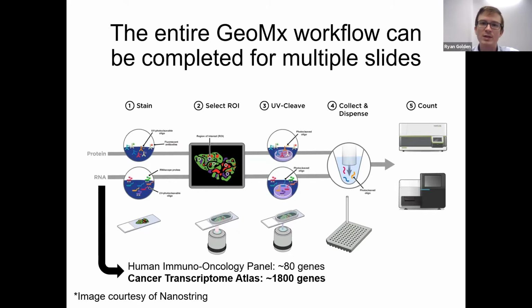After you've selected these regions, the instrument progresses to illuminate using small micromirrors, illuminating the regions of tissue that you've selected with a small UV light and breaking loose those barcodes from either the antibodies or the RNA probes. And at that point, a small micropipette can remove those barcodes in a liquid suspension, remove those barcodes from the tissue and deposit that in a 96-well plate.